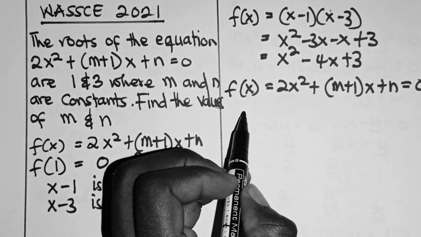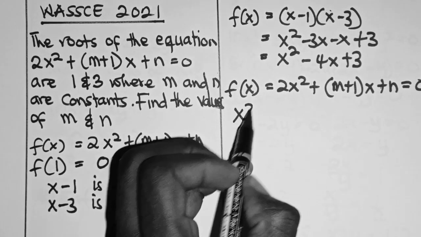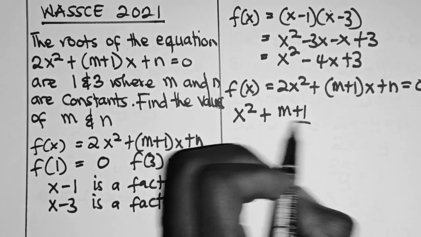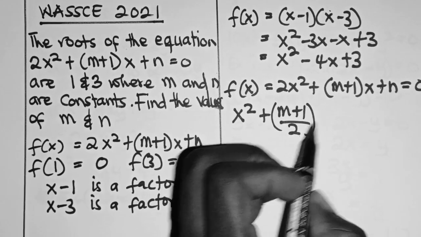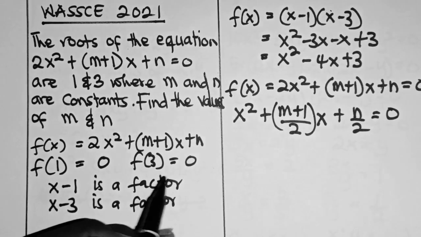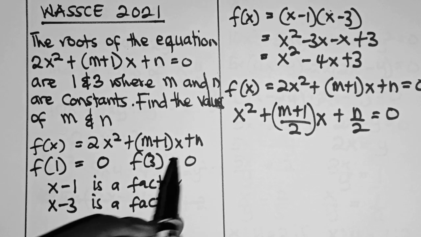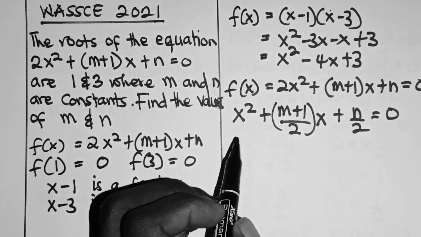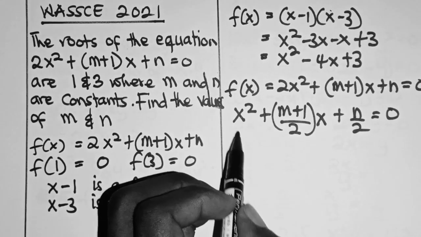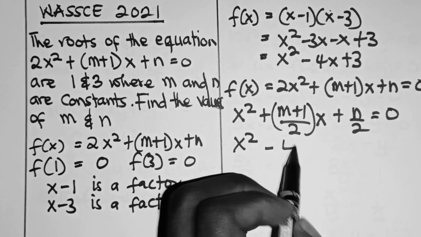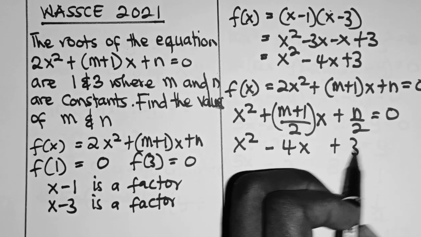So if we divide through by 2, we find out that x squared plus, if we divide here by 2, becomes (m plus 1) divided by 2, all of this times x, plus n over 2 is equal to 0. So if we further simplify, now we can write this f of x down here, which is x squared minus 4x plus 3 equals 0.